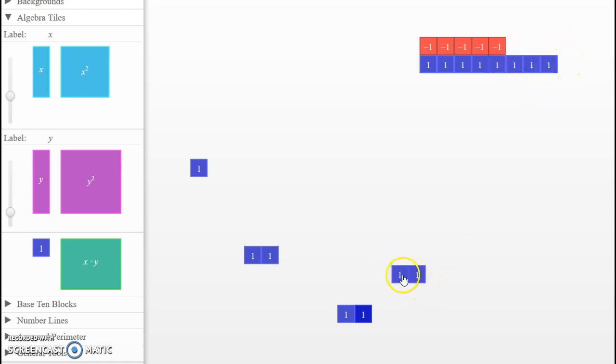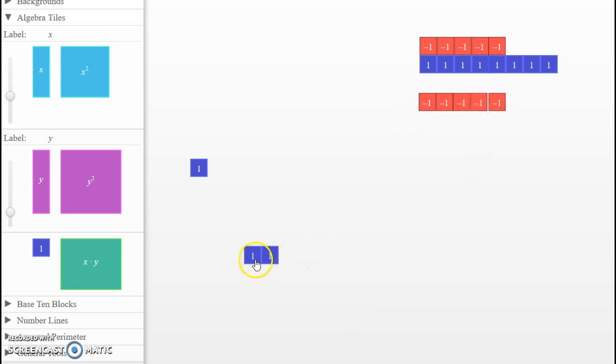Is that the same as negative 5? 1, 2, 3, 4, 5. So this has to be negative, so I need to turn them to negative.